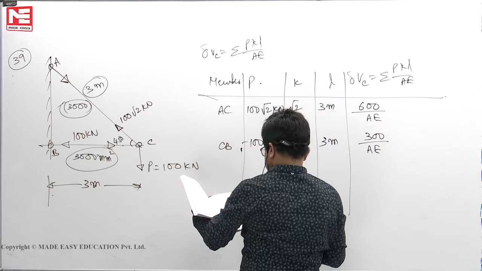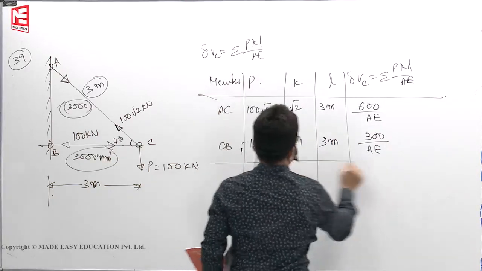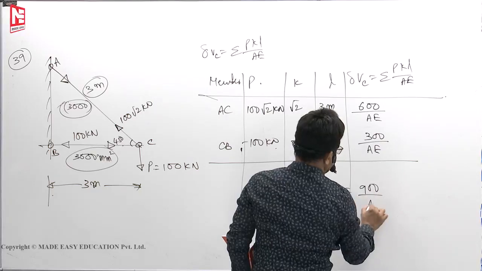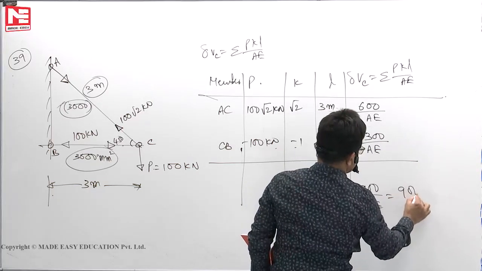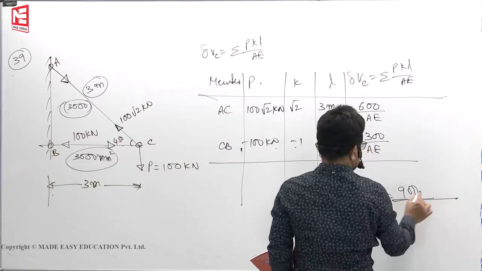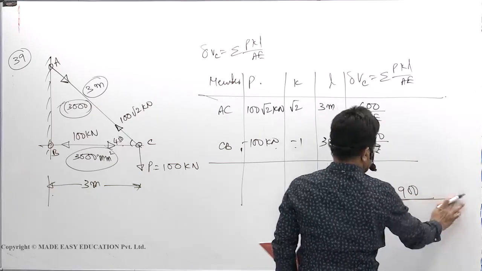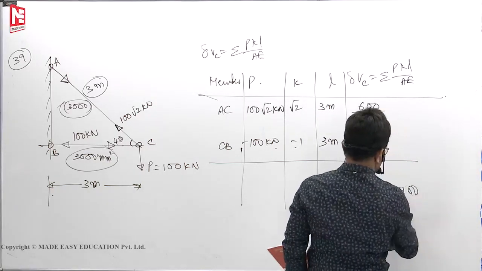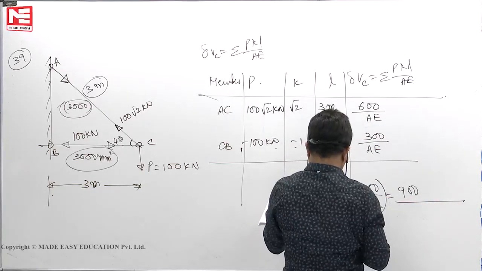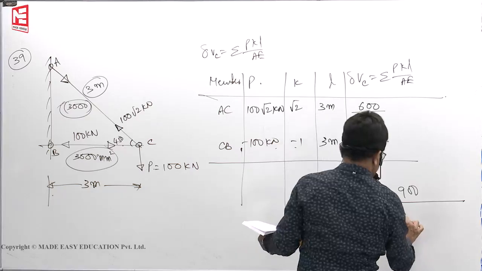All areas are the same, correct. So delta VC is 900 by AE. This 900 is in kilonewton meter, that means 900 by AE is in meters, so you convert into mm. What is the area? 3000 mm square.